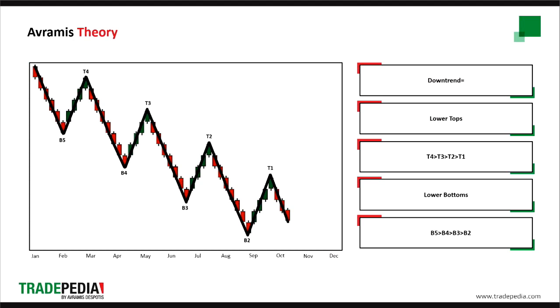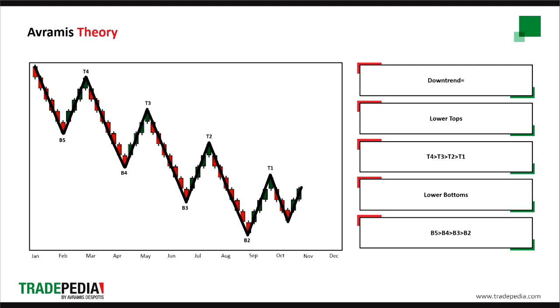So I will be expecting prices to break B2 and form a lower bottom, because this trend is assumed to stay going down until it gives clear signs of reversal. Now, while waiting for the price to go down, one time sellers will fail to push the prices lower, and buyers will enter the market and will defeat the sellers.